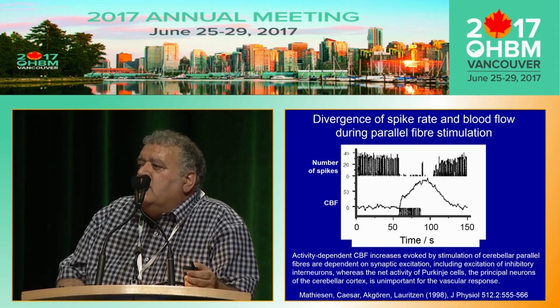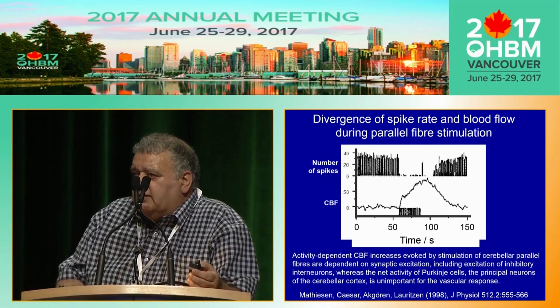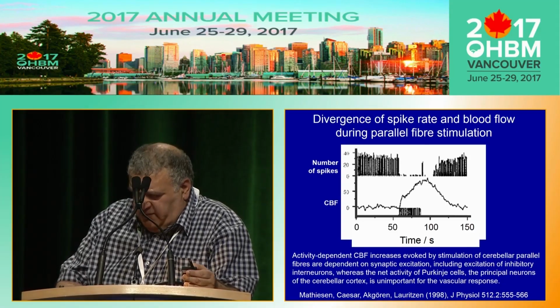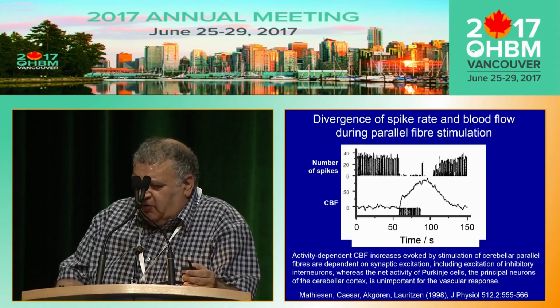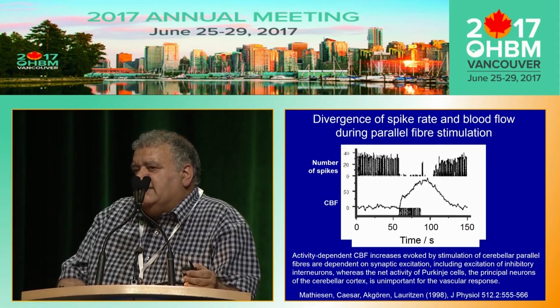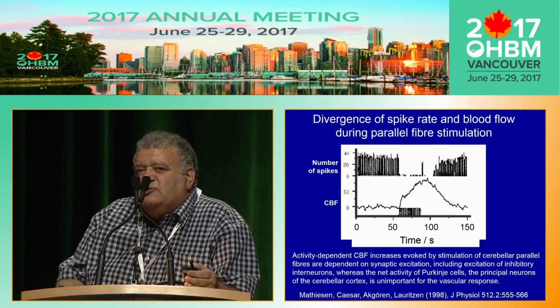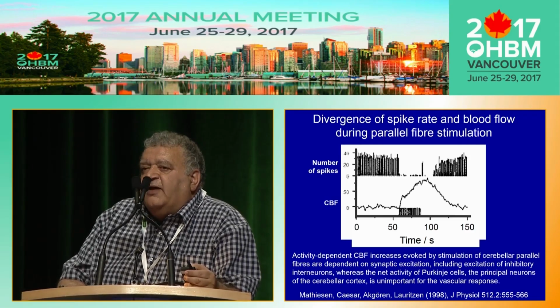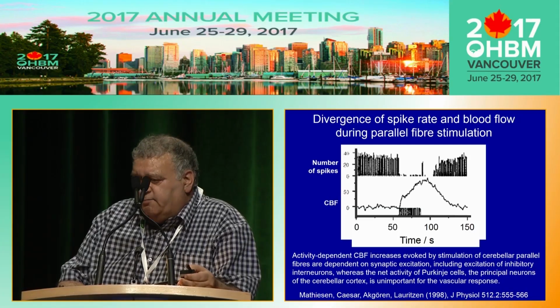There's almost no action potentials of the local Purkinje cells. So this demonstrates a dissociation of spike rate and blood flow, which means that cerebellar blood flow does not depend on action potential and is likely to reflect synaptic activity.